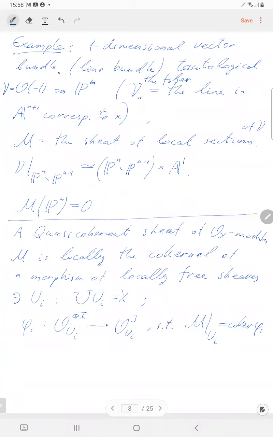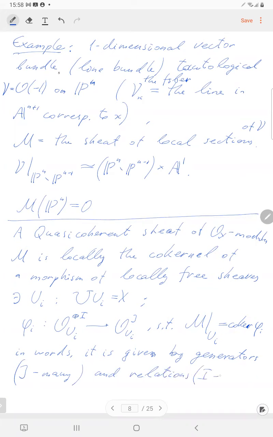So in other words, it is given by generators, say J many, and relations, say I many.